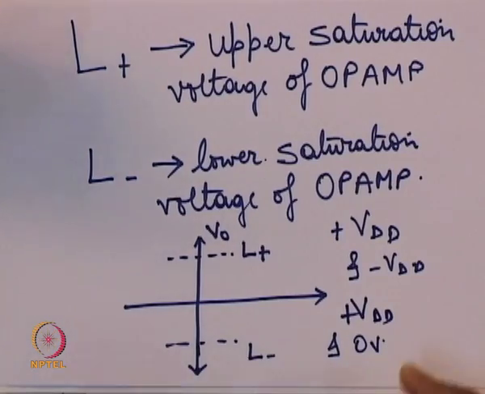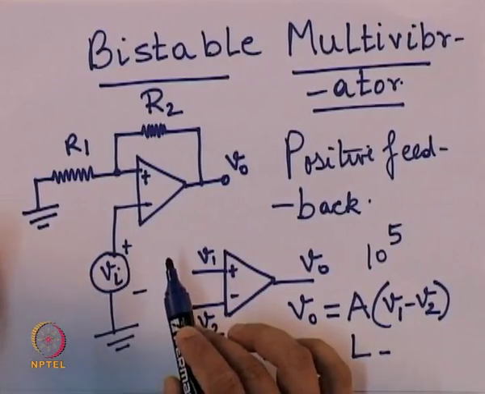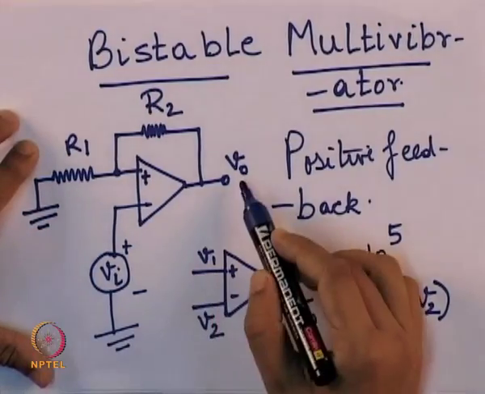So, now, in our circuit where we are applying positive feedback, our output voltage will vary from L plus to L minus. Now, how do we make this variation? So, let us go back to our circuit once again. As I said, for a bistable multivibrator, you need some external stimuli to change the output voltage.